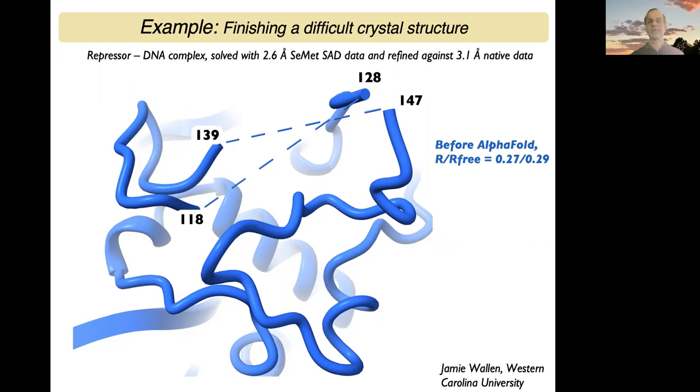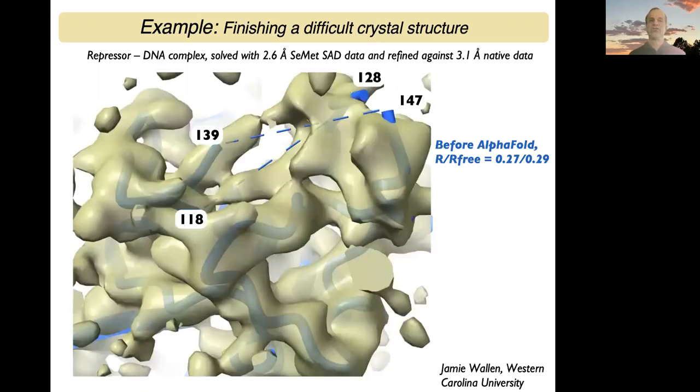And there's a big problem that there are some residues missing in the model that you can see with the dotted lines. And here's the density. And okay, have a look at that density. Can you figure out how you connect residues 118 to 128 and how to connect residues 139 to 147? Think about it, and we're going to see what AlphaFold suggests for you next.